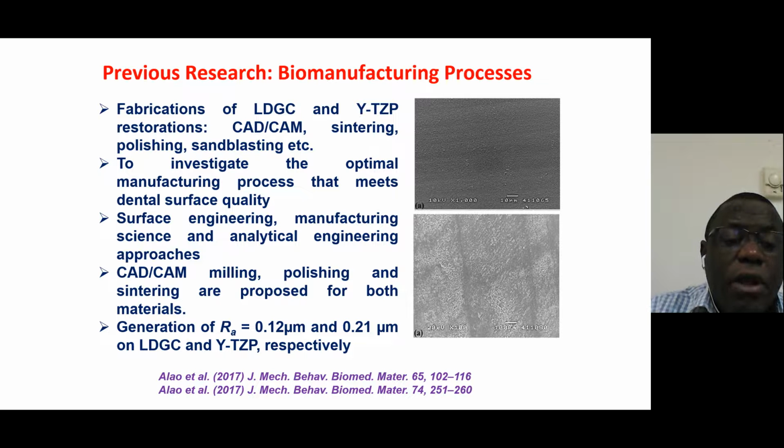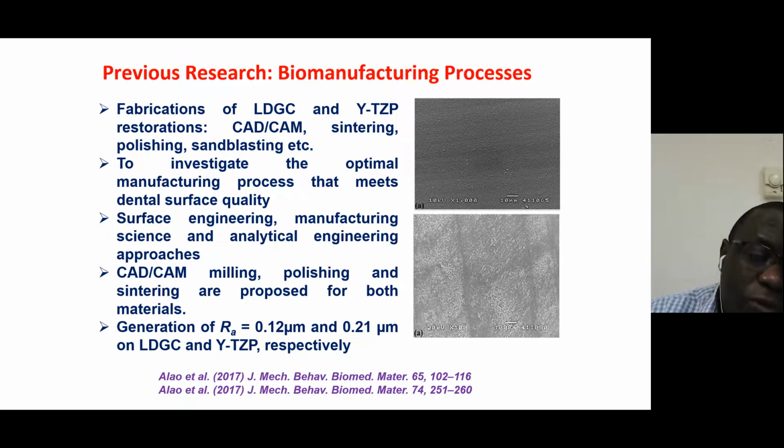The average surface roughness for bacterial plaque retention, that is, the bacteria cannot be retained if the surface roughness is very, very low, and the threshold is around 0.2 micrometers, which equals 200 nanometers of average surface roughness.